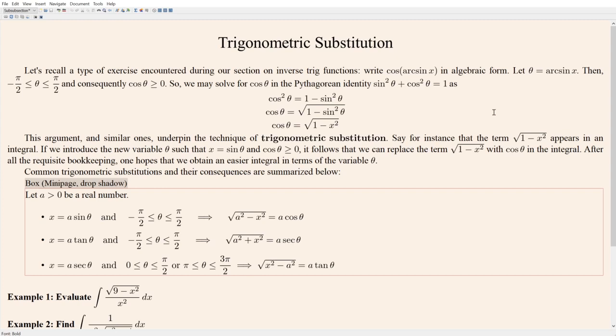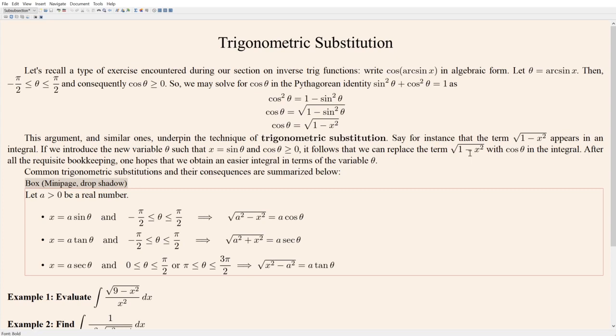And hopefully, after you do all the requisite bookkeeping, one would hope that the integral you end up with is actually easier to do than the integral you started with. Right? Because you're replacing this big ugly square root term with a single cosine term. So indeed, that is the idea behind trig substitution.